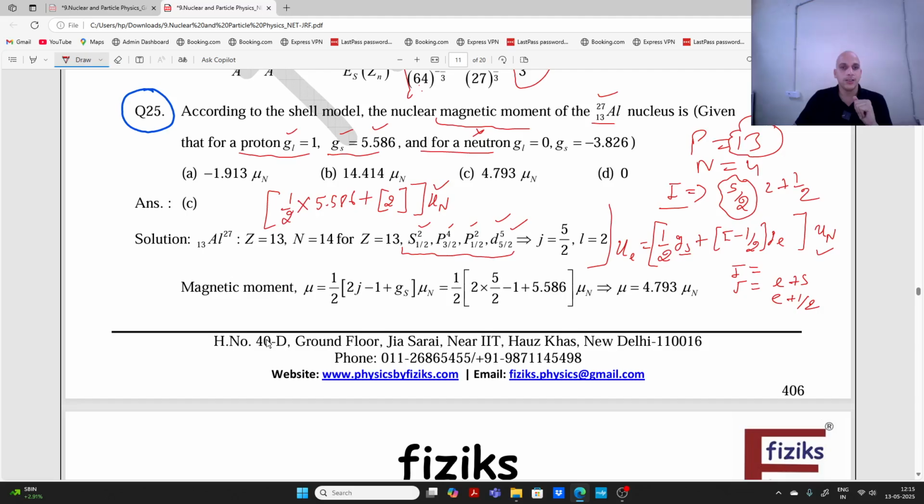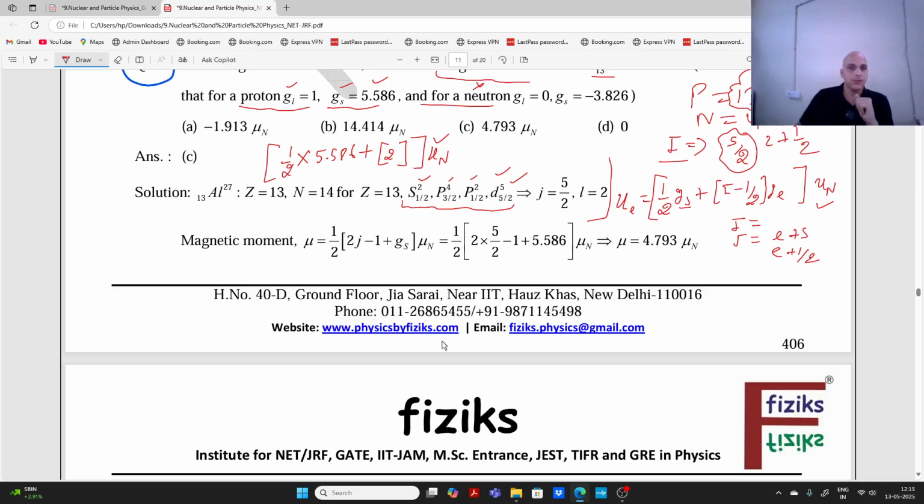So if I simplify it further, let's use this space, it will become 5.586 plus 4 divided by 2 into mu n. So it will become 9.586 divided by 2, sorry, 2 mu n.